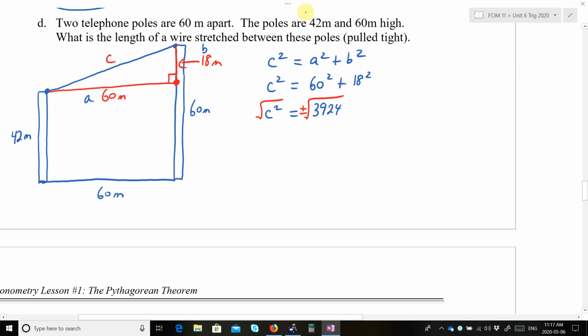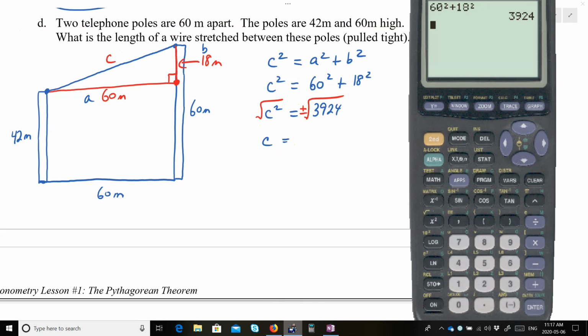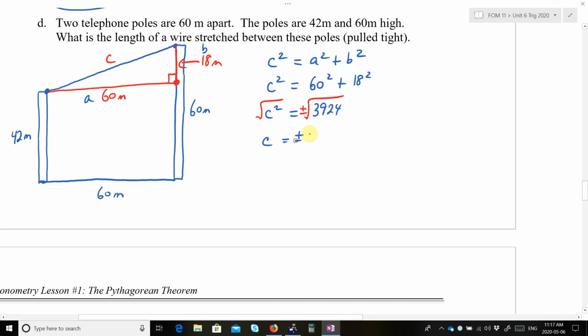Square root, plus or minus. Square root both sides, so we get plus or minus 62.6. And so the length is 62.6 meters.